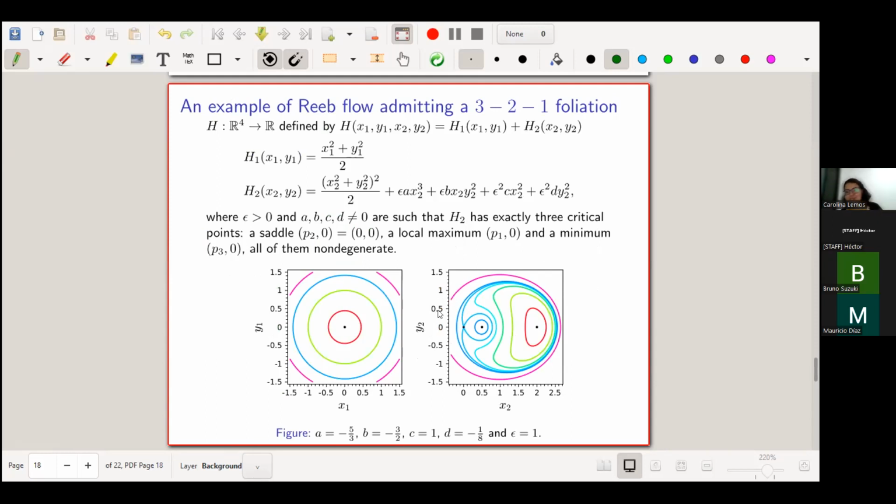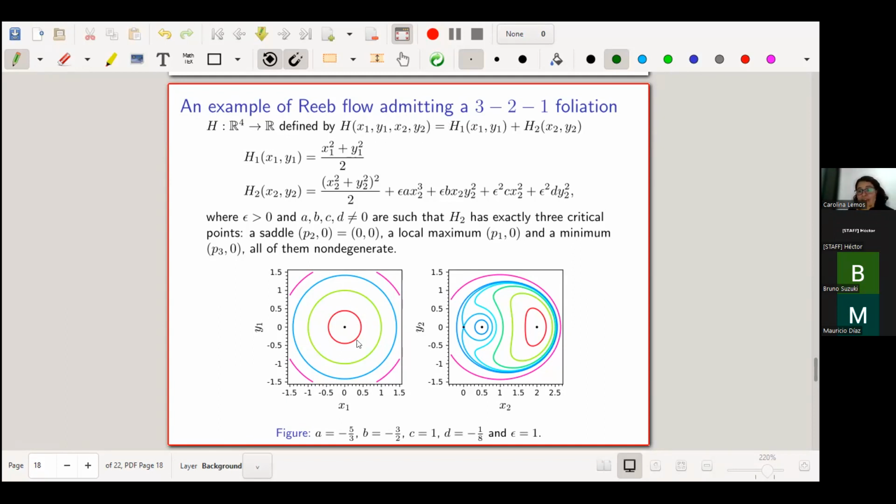Basically, it's more fun to understand with an example. So I have a very simple example. It will be a separable Hamiltonian, so it will be very easy to see the properties of this Hamiltonian. It's defined with the parameters x1, y1, x2, y2.